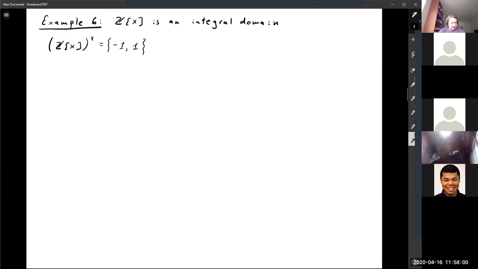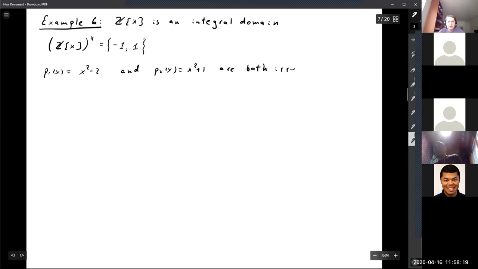So we have that this is an integral domain, and P1 of x, which is x squared minus 2, and P2 of x, which is x squared plus 1, are both irreducibles of Z[x].